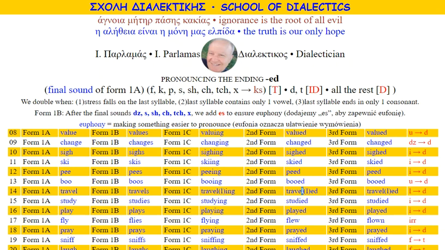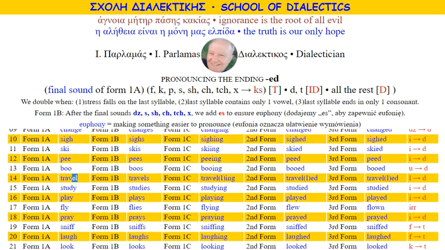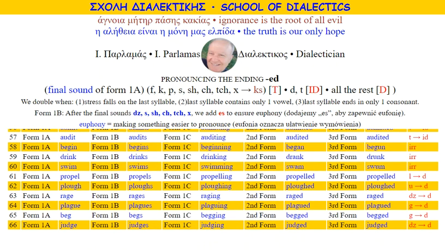One L or double L, because the stress falls on the first syllable, travel, okay? But if the stress falls on the last syllable and the verb ends in EL, like in this instance here, like propel, it's not propel with the stress on the first syllable, it's propel.